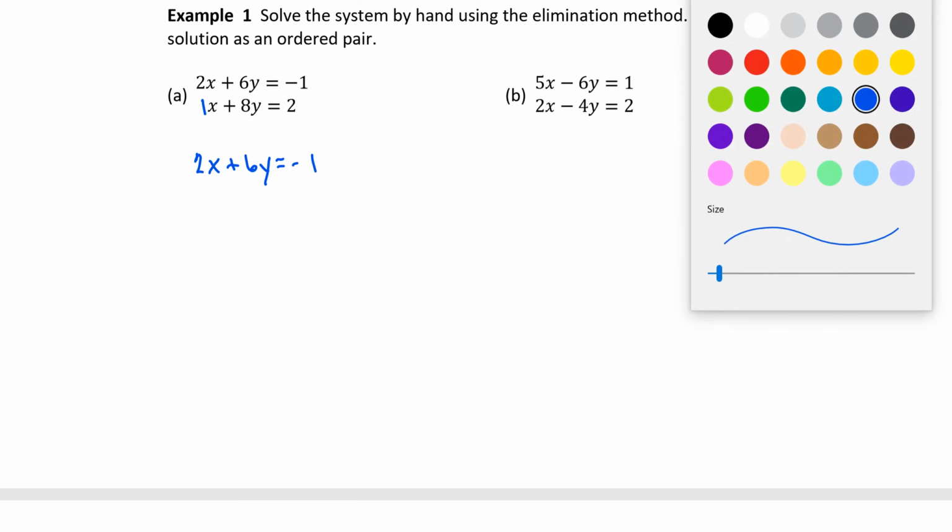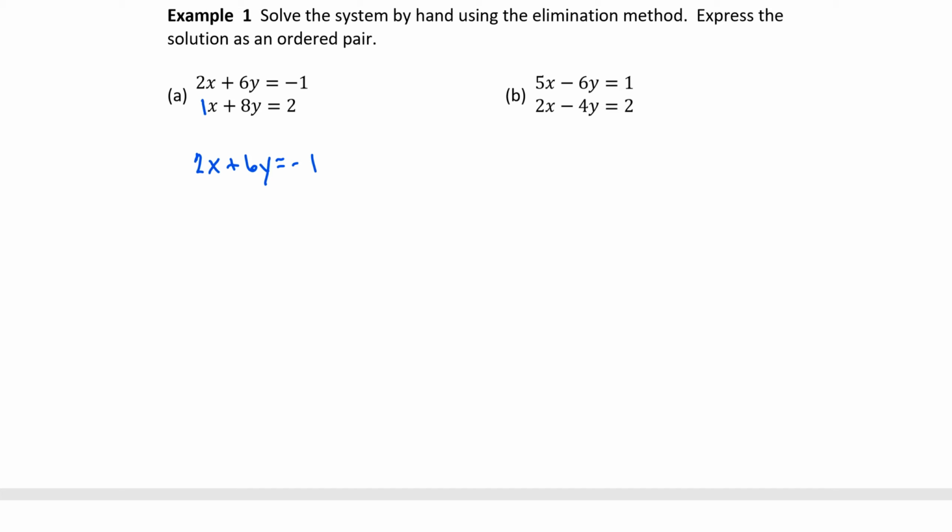As we discussed previously, our goal is to get a -2 coefficient for x in equation 2. So I'm going to multiply both sides of equation 2 by -2. That's going to give me -2x minus 16y equals -4. So I'm multiplying each term of equation 2 by -2.